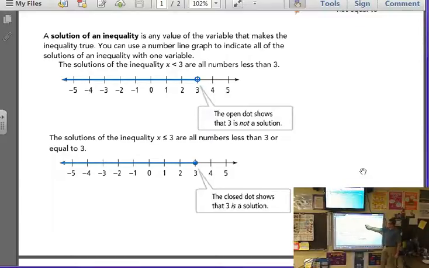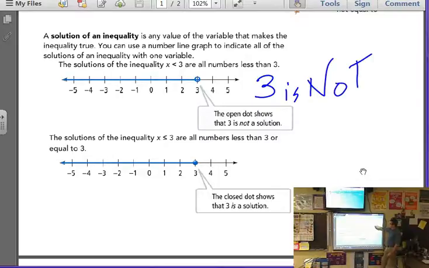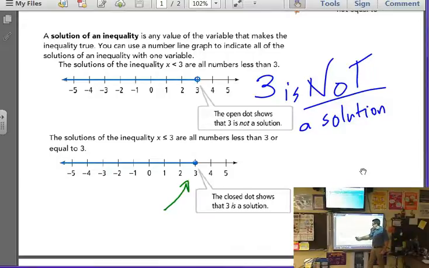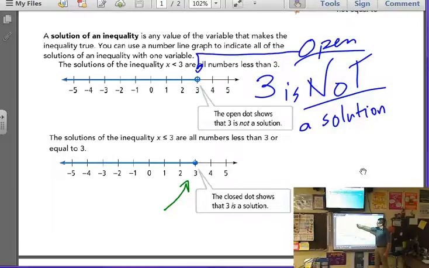So over to the side here, I want you to write 3 is not a solution when the dot is open. So here my dot is open. When my dot is open, 3 is not a solution because I'm shading everything that is a solution.